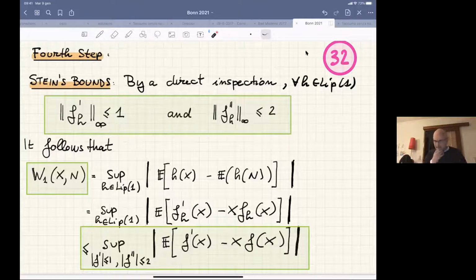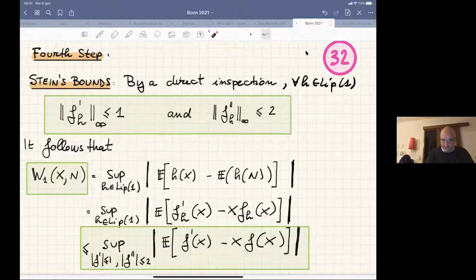And for all these distances, there is, in general, the possibility of proving uniform bounds on the solution of the Stein equation. Uniform bounds that therefore allow one to do some specific computations that are leading us to effective probabilistic approximation.